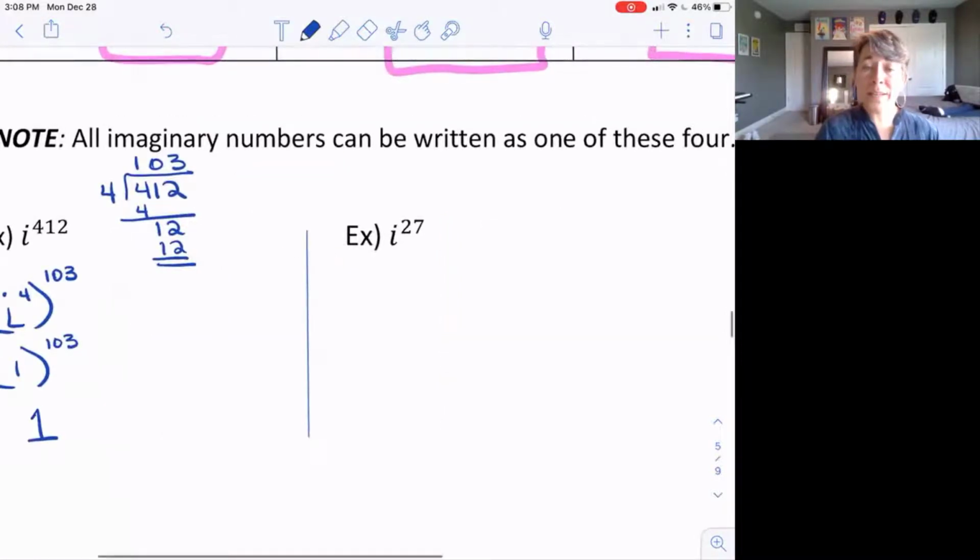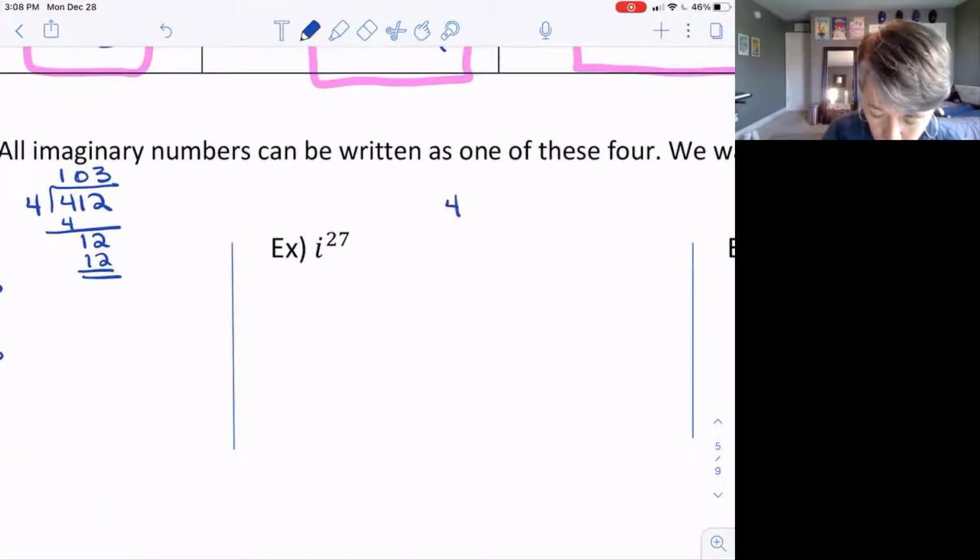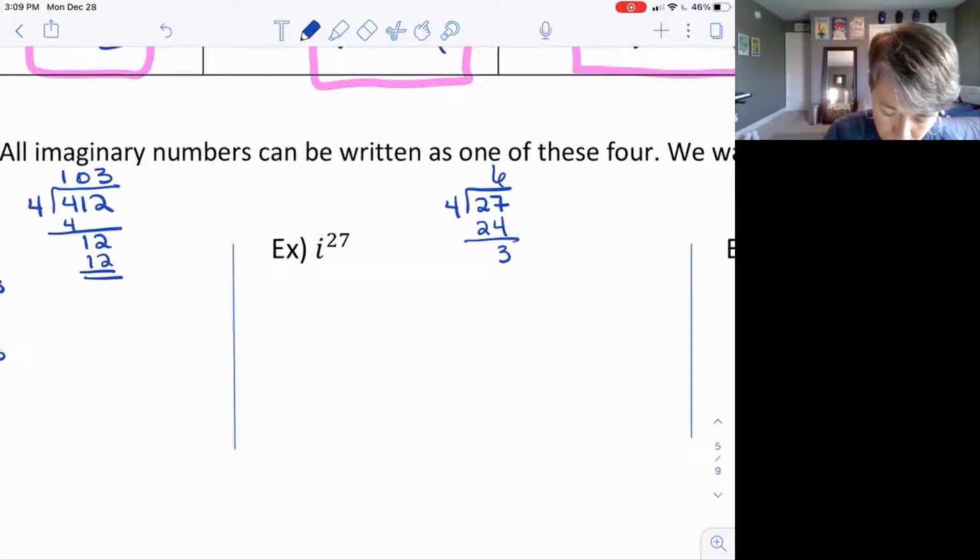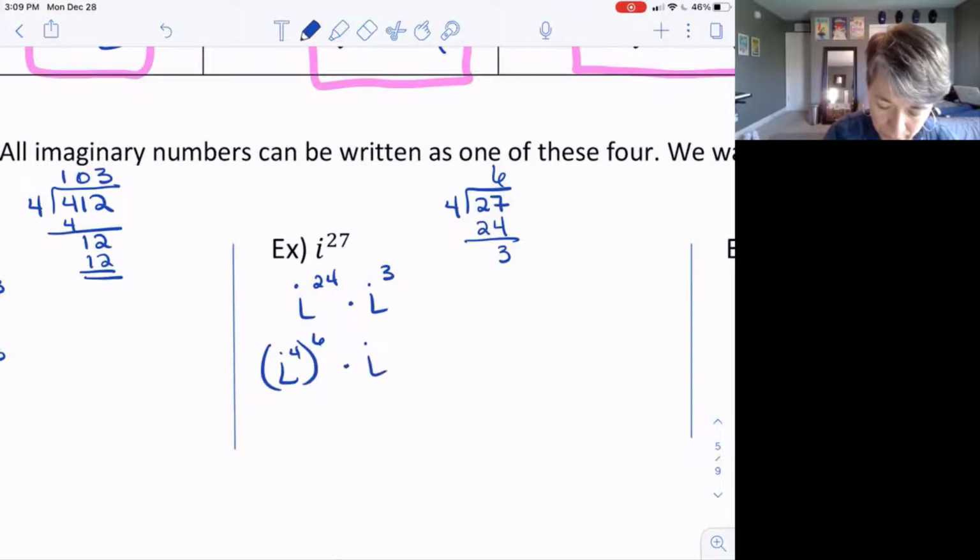Now, i to the 27th. 4 does not go evenly into 27. 4 goes in there 6 times with a remainder of 3. So that means I can write i to the 27th as i to the 24th times i cubed, which is i to the 4th to the 6th times i cubed, because 27 is not divisible by 4, but 24 is.